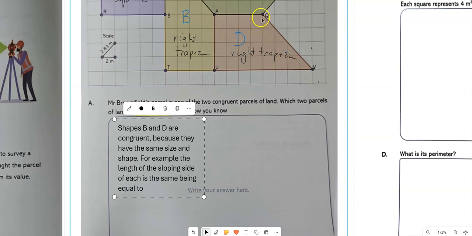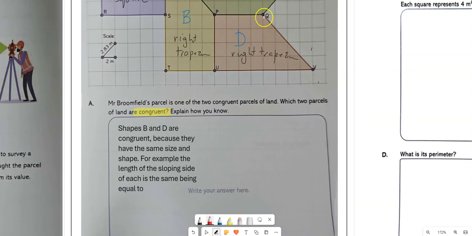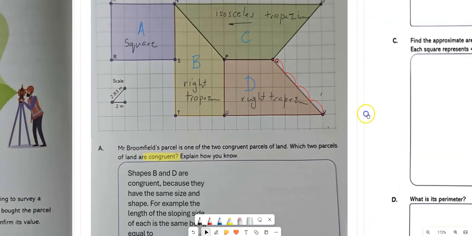So if this is from here to here to here to here to here, how many of them do I have? Let's see, 1, 2, 3, 4. All right, cool. And let's look at the same thing now for the other part.